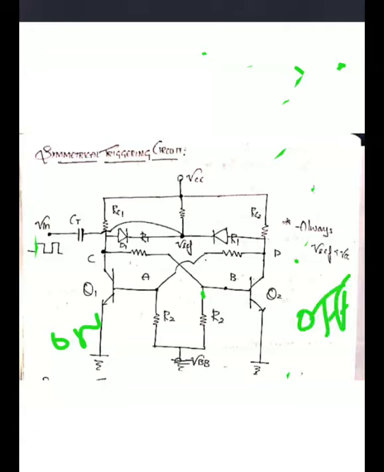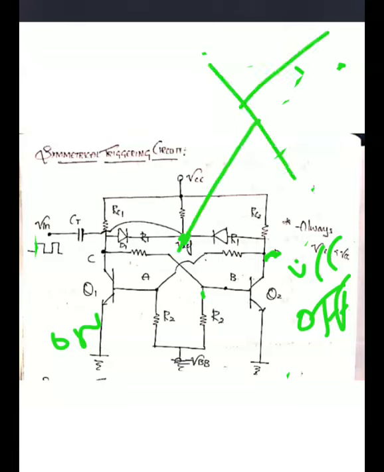Q2 off means the drop across this is nothing but VCC. So this voltage is nothing but positive and negative spikes. This is the reference voltage and the output is positive and negative spikes, but we don't know which is on and which is off.